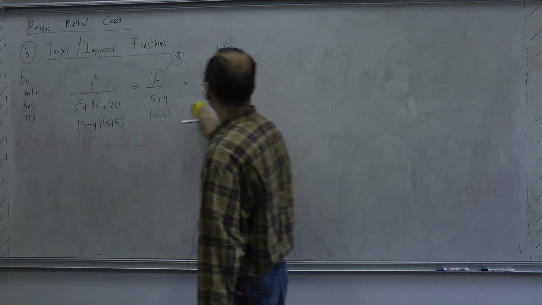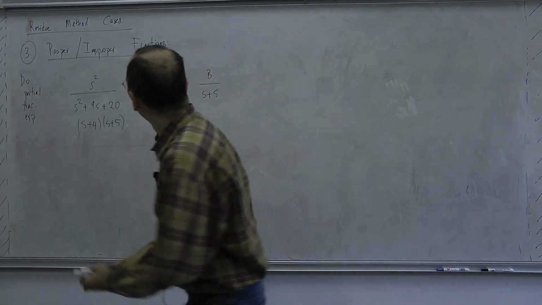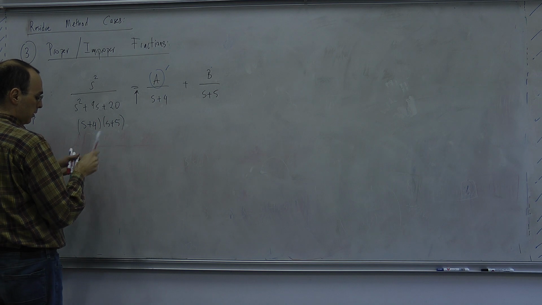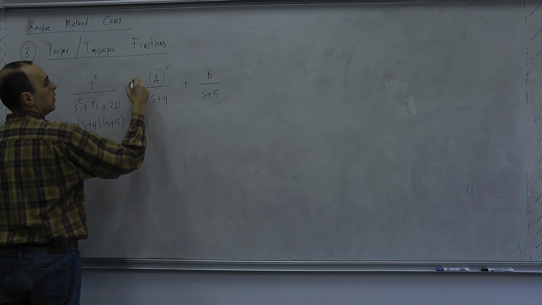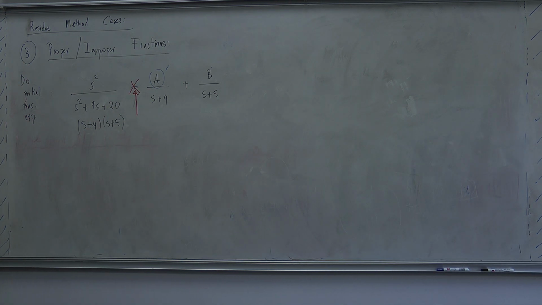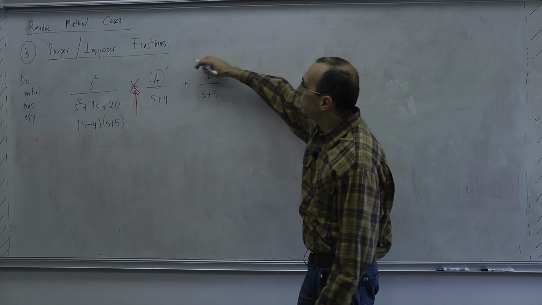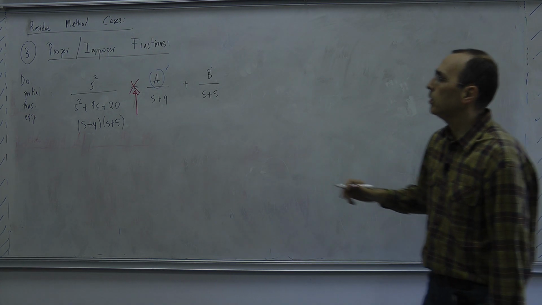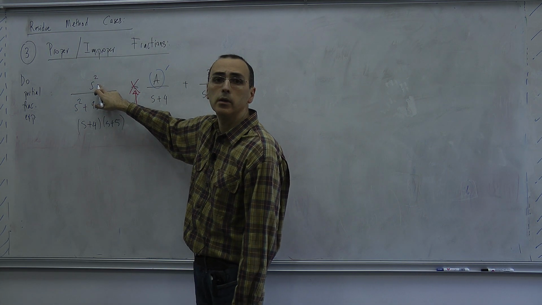So the mistake is at the very beginning. We have said that I have this equality. That equality, let me write it, is not possible. We don't have equality. If you select a and b as scalars, you can never have equality. For example, look at the limit case when s goes to infinity.